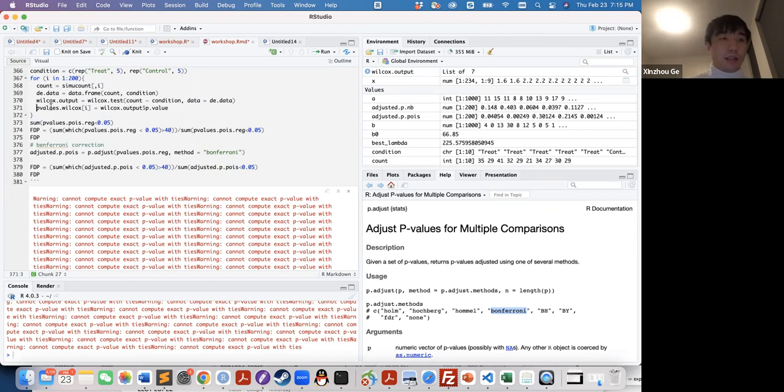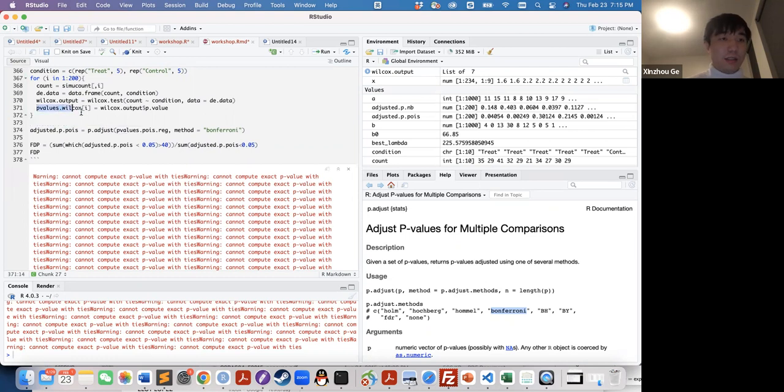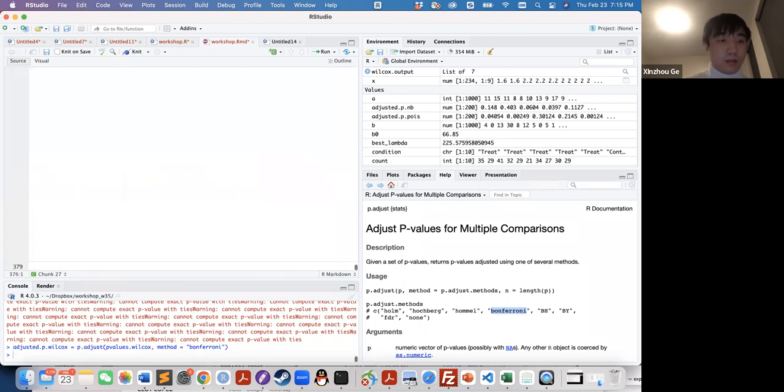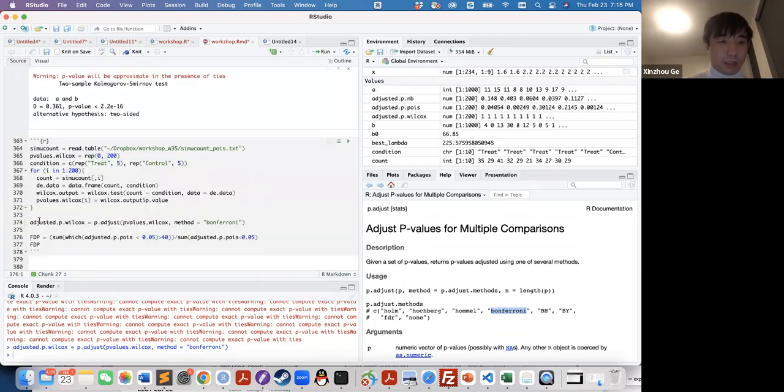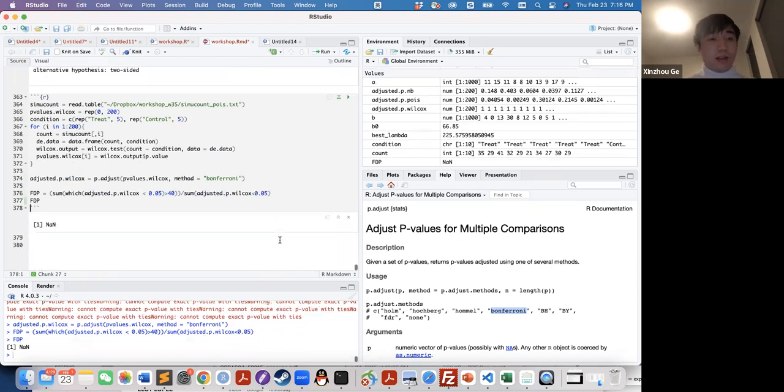And we can also compute the adjusted p-value from the BH procedure, and calculate the FDP. Ah, there are some NAs in the results.